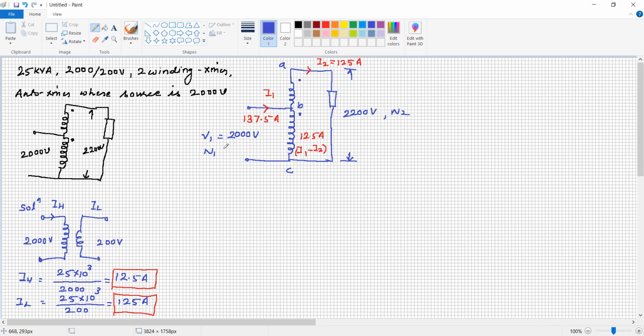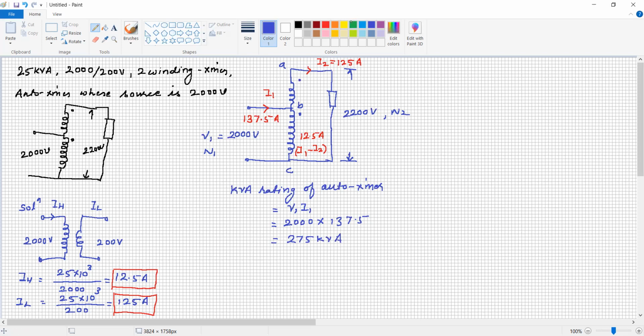Now the kVA rating of the auto transformer is equal to V1 I1, which is equal to 2000 multiplied by 137.5 ampere, equals 275 kVA.